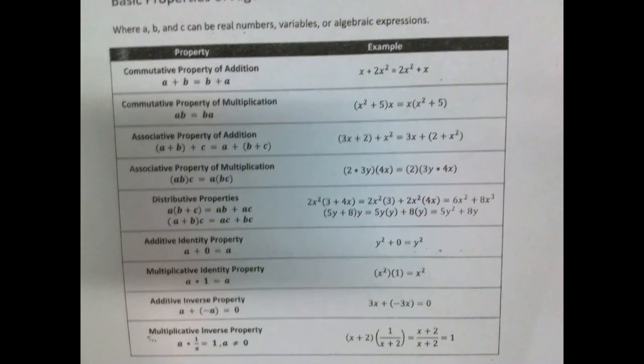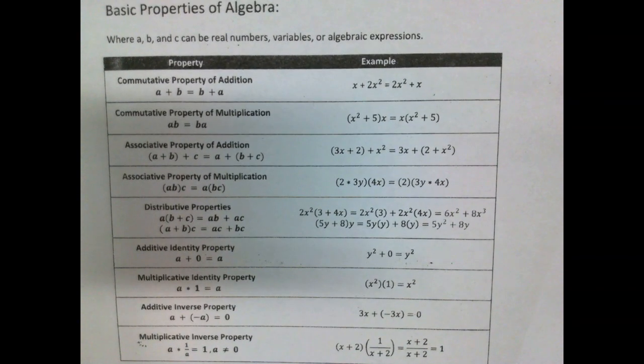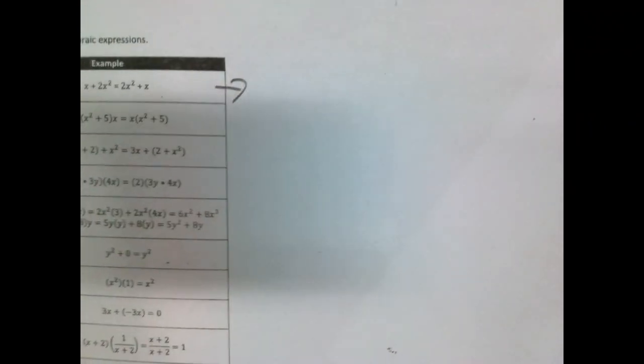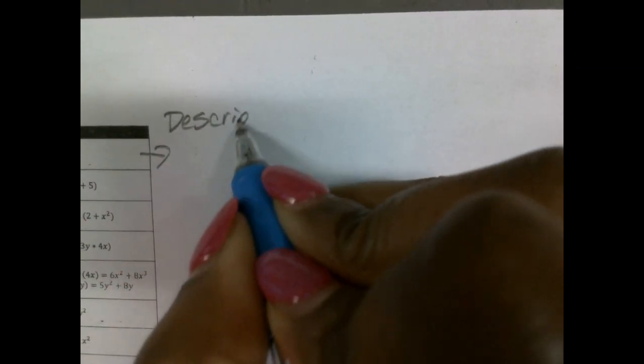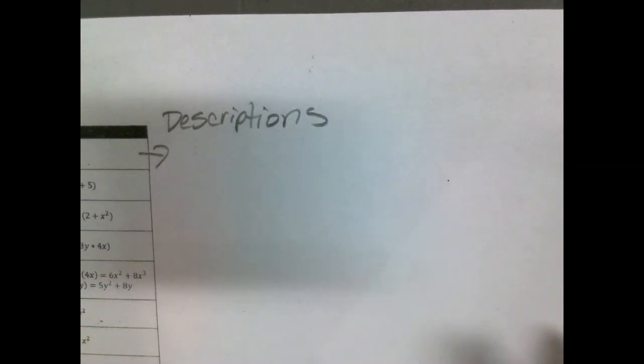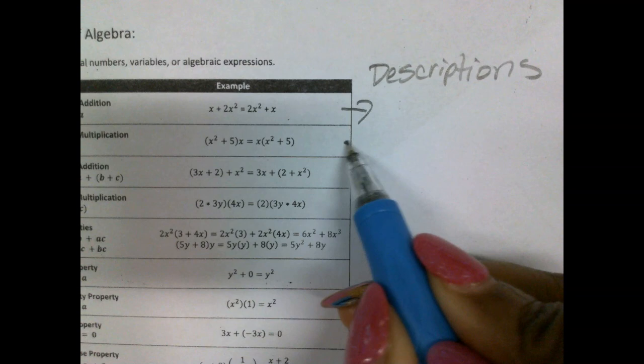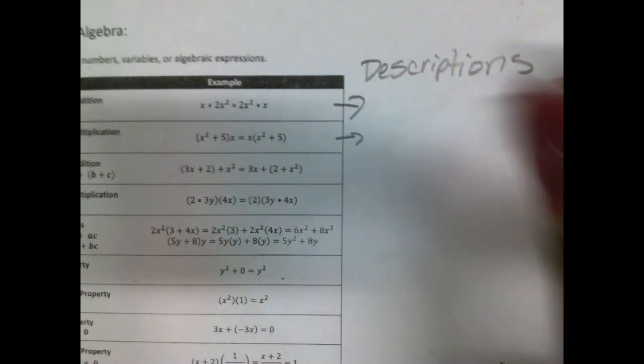This sheet we're gonna put in our notebook. A little bit out to the side here, we're gonna think of words. We're gonna describe it, so I want us to put the descriptions out here beside each of the properties.